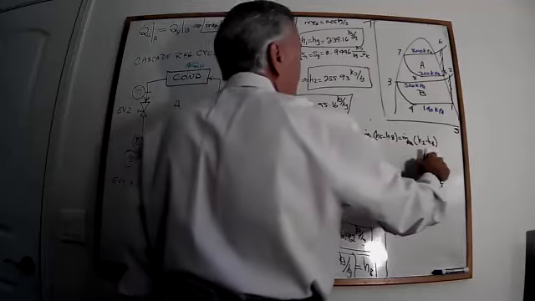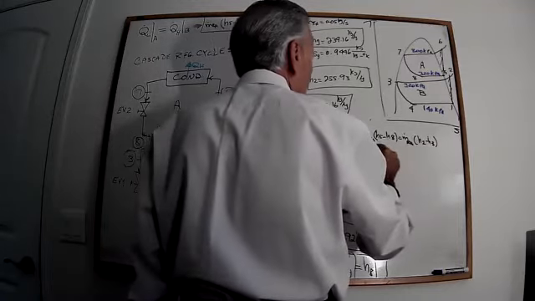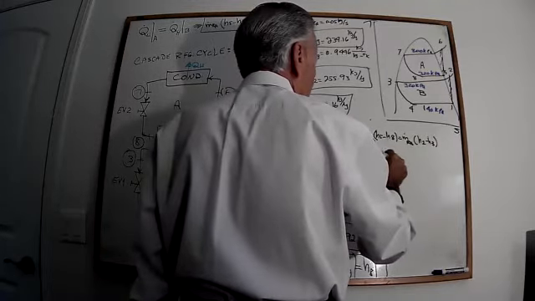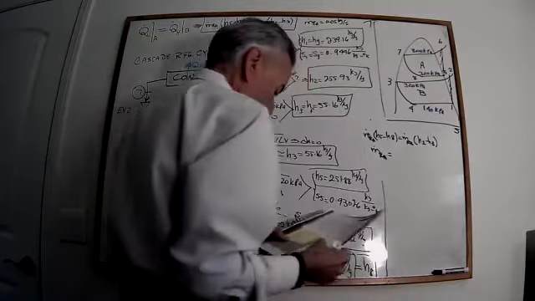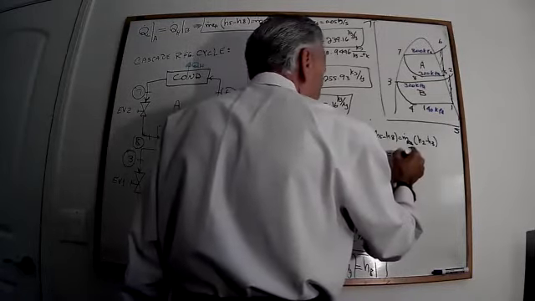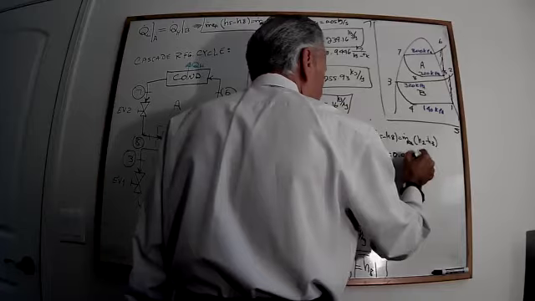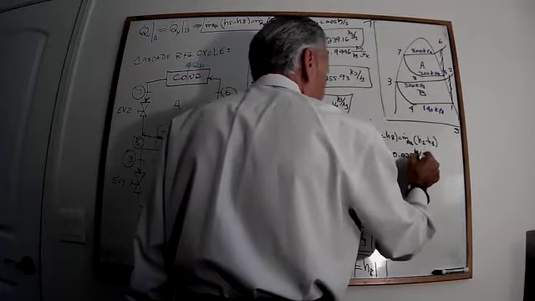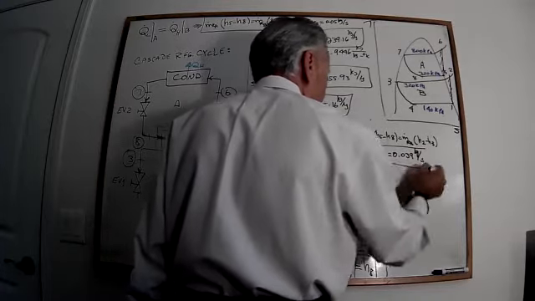If I plug everything that I have, I will find the mass of refrigerant B to be equal to 0.039 kilogram per second.